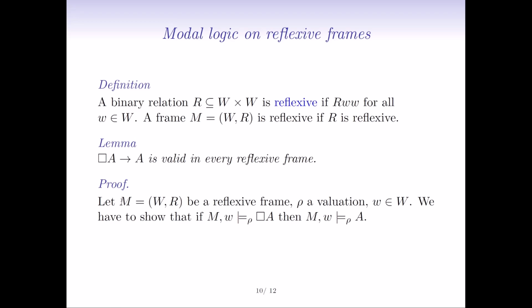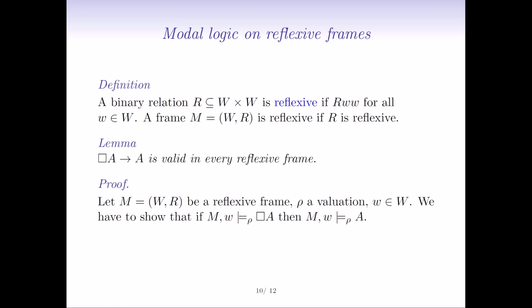So we'll let W and R be a reflexive frame, meaning that R is a reflexive relation. And we have to show that the formula box A implies A is valid in that frame. That means showing that it is satisfied by all worlds in the frame and under every possible valuation.